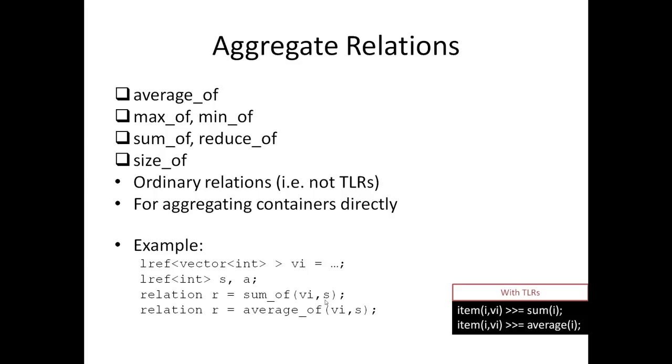However, if you have access to the vector or any container of values and you wanted to perform aggregation on them, you would probably prefer to use these aggregate relations instead of the TLRs for efficiency reasons. And also these relations support test mode and generate mode support.